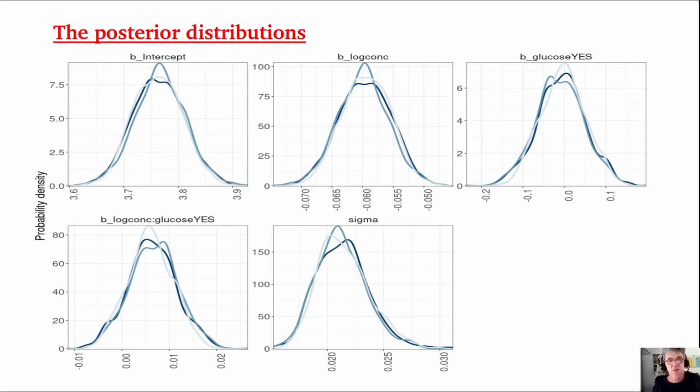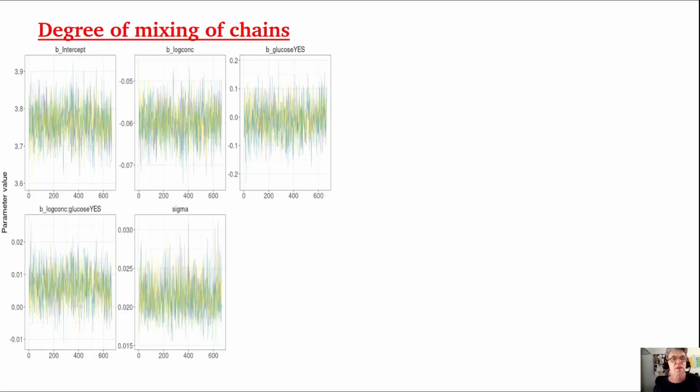Looking at the posterior distributions, we are now seeing that the three chains converge to the same marginal posterior distribution for each of the parameters. The degree of mixing of the chains is pretty good. None of the chains got stuck in a narrow range of the parameters for a large number of iterations.